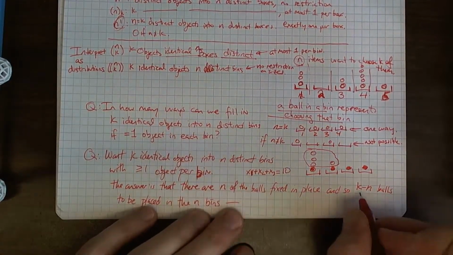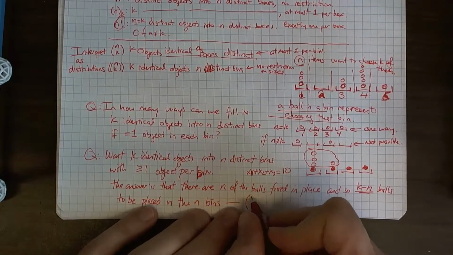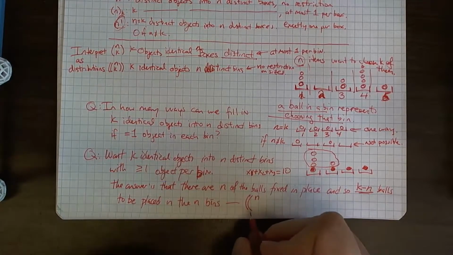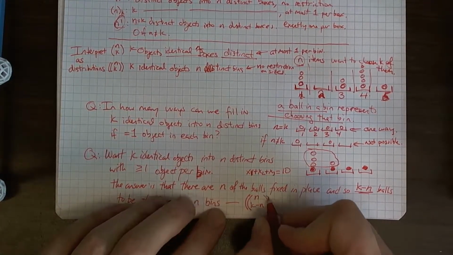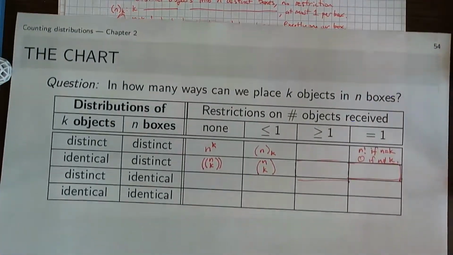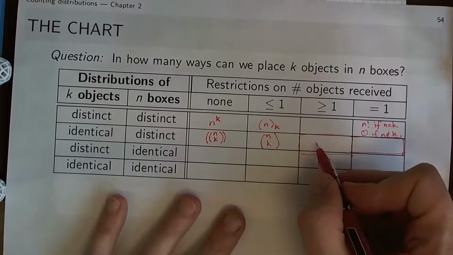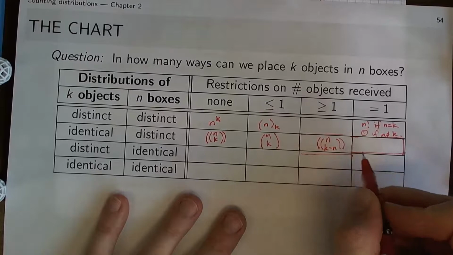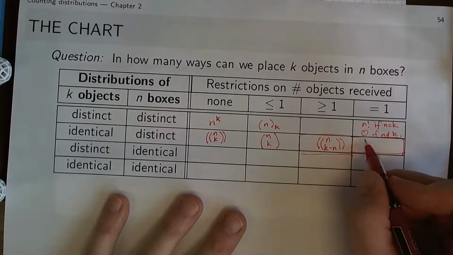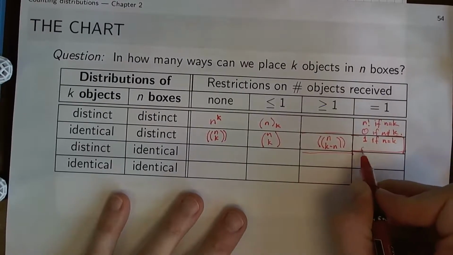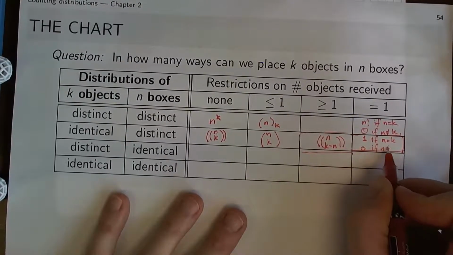So in how many ways can we put k minus n balls into n bins? That's n multi-choose k minus n. All right, so let's fill in our chart. This greater than or equal to 1 is n multi-choose k minus n, and this part right here is 1 if n is equal to k, and 0 if n is not equal to k.